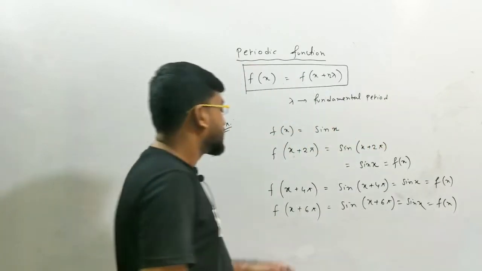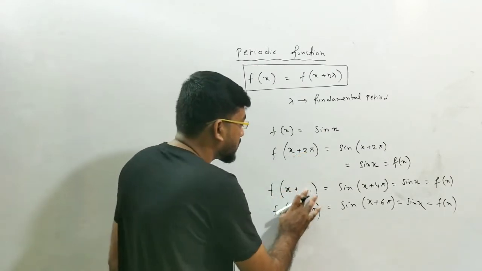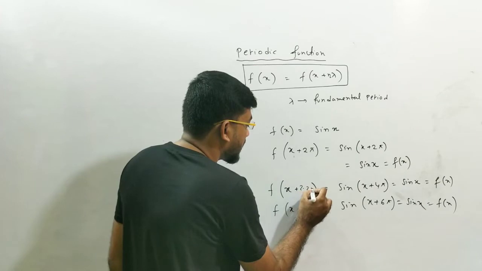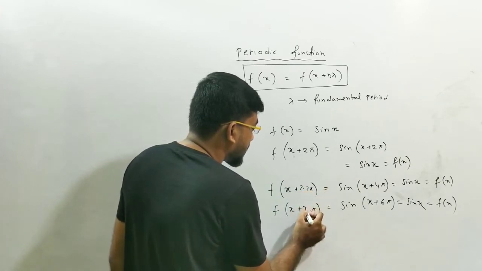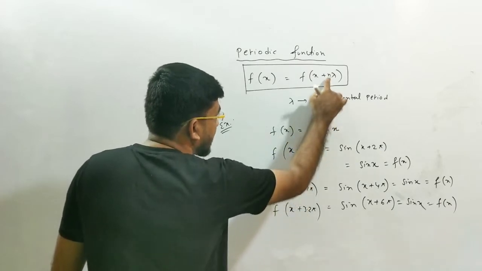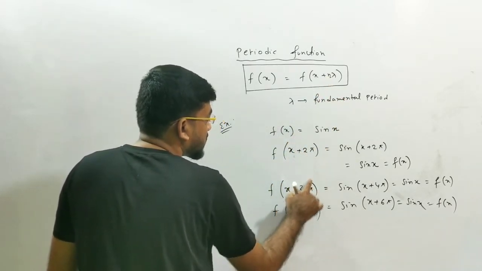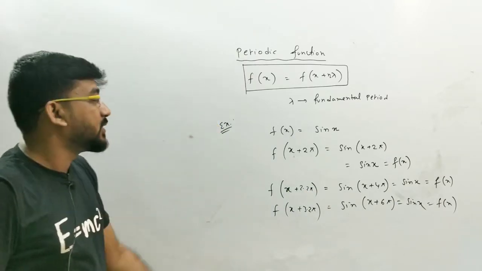Because these are multiples of 2 pi. Here is 2 pi, here is 2 into 2 pi, and here is 3 into 2 pi. So n is 1 here, n is 2 here, n is 3 here, and lambda is 2 pi. So lambda is called the fundamental period of this function.